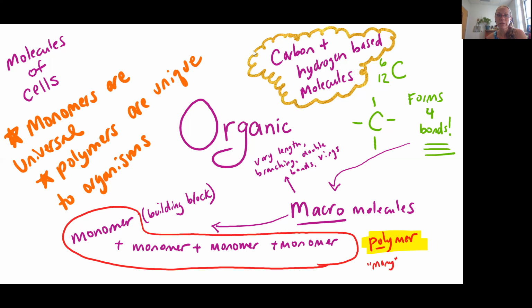The thing that is special is that each type of cell, each organism, can combine those monomers together in different ways to make different polymers. So polymers can be unique to the organisms or cells, but they're all using the same monomers. This is another universal aspect that we'll see with living things.